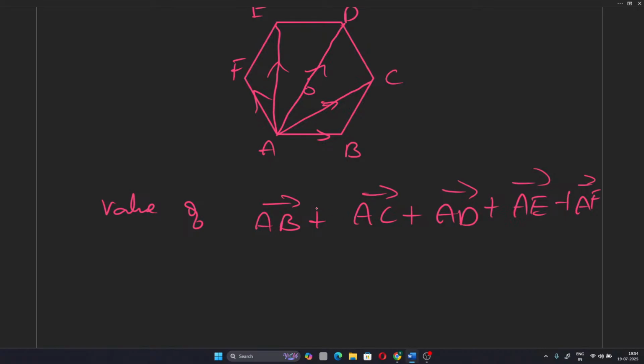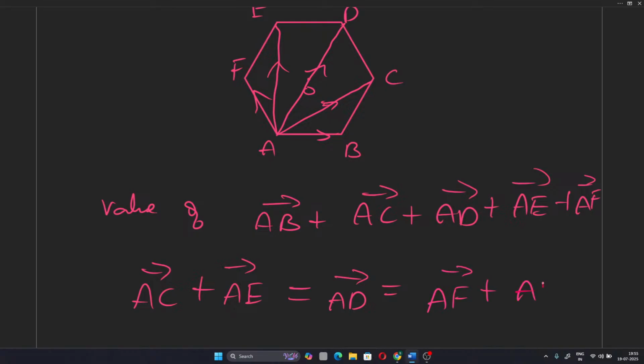Okay, if we take AB vector and AE vector, AC vector and AE vector, AC vector plus AE vector, this is the vector sum, then we will get the resultant to be AD vector. And we will get AD vector even when we take AF vector plus AB vector.